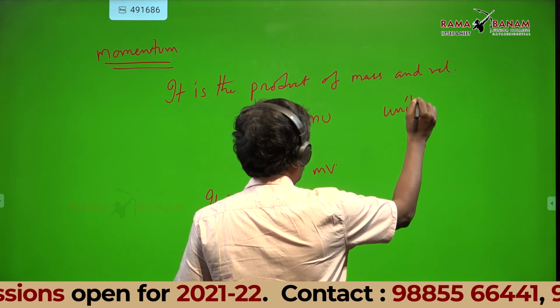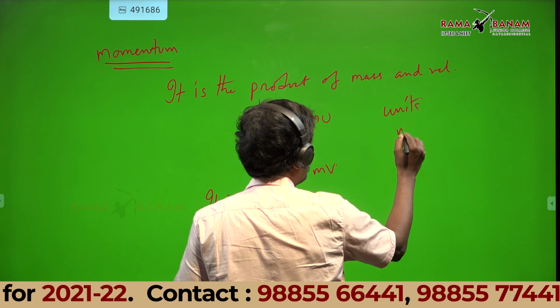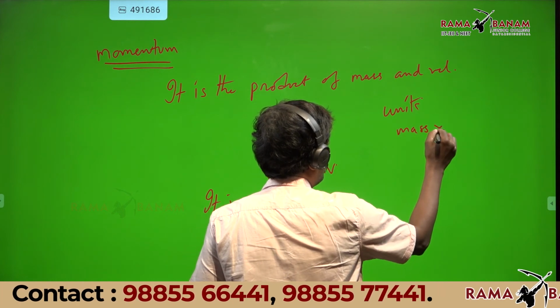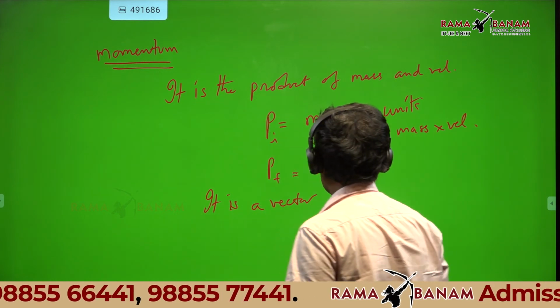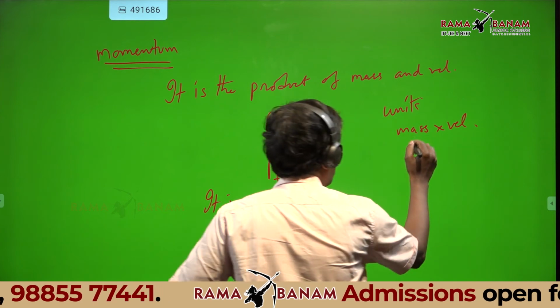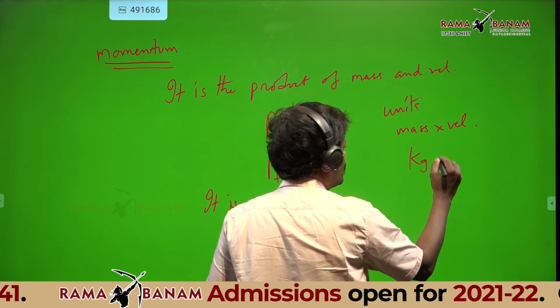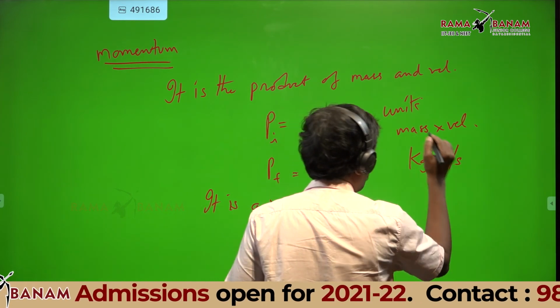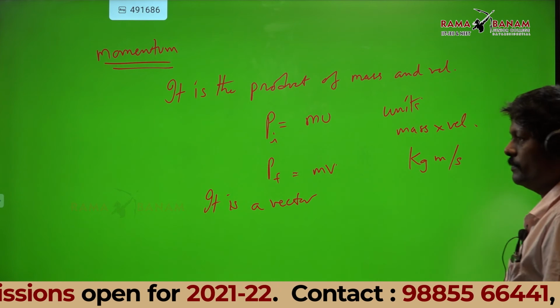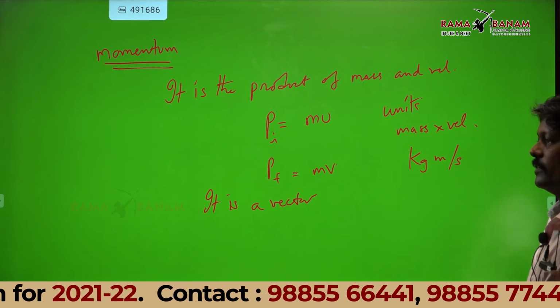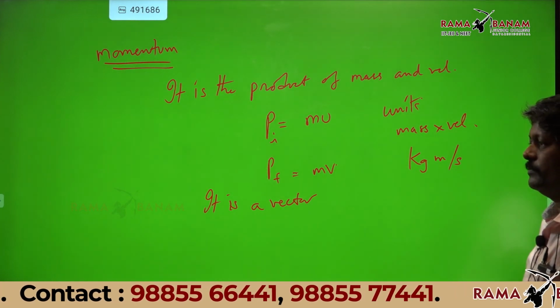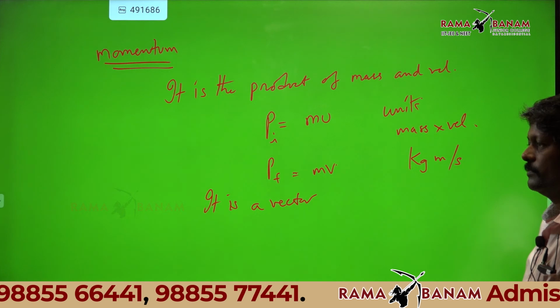Units. Now listen, mass into velocity. Units are very simple. Mass is in kg, velocity is in meter per second. So what is the SI unit of momentum? Kg meter per second.